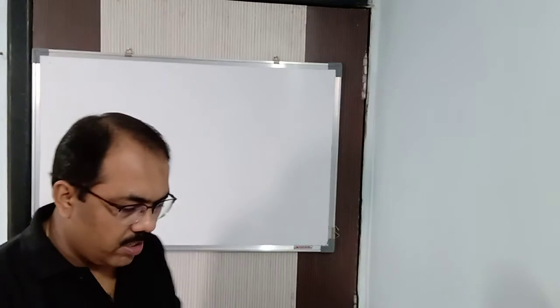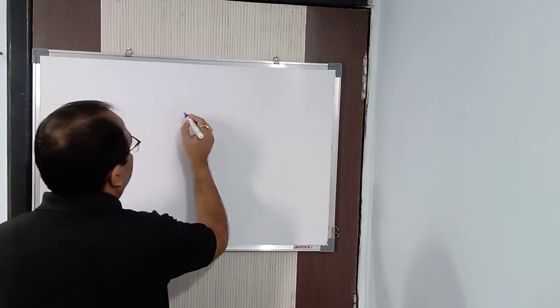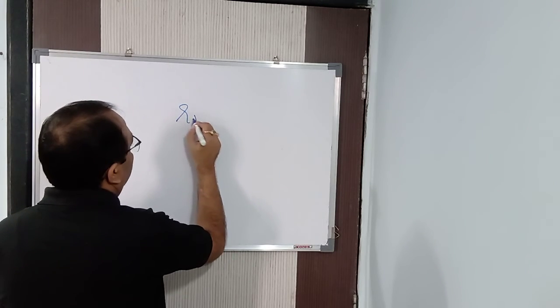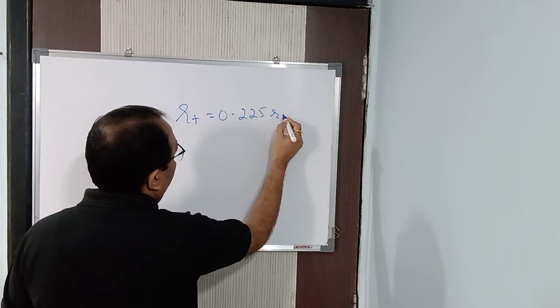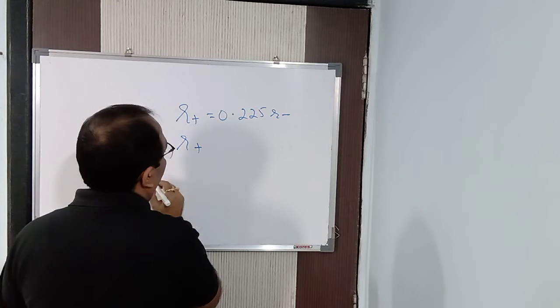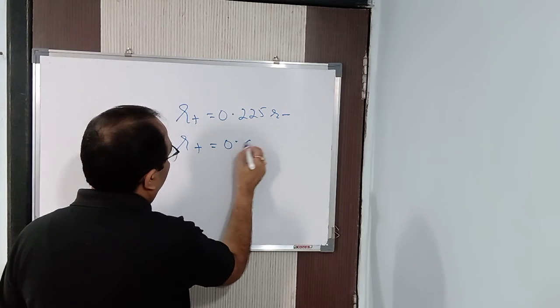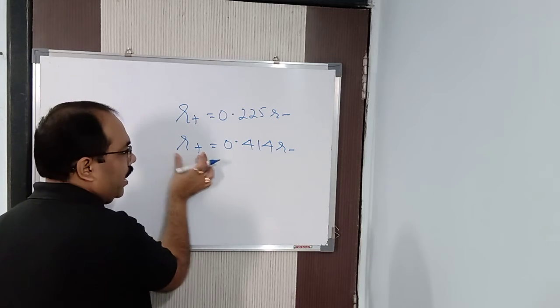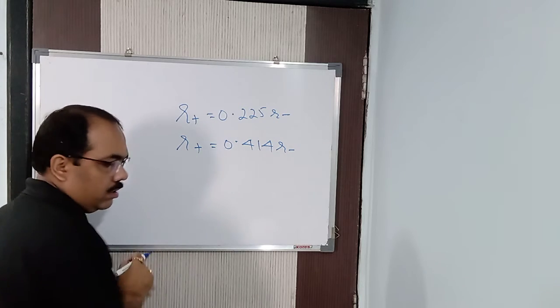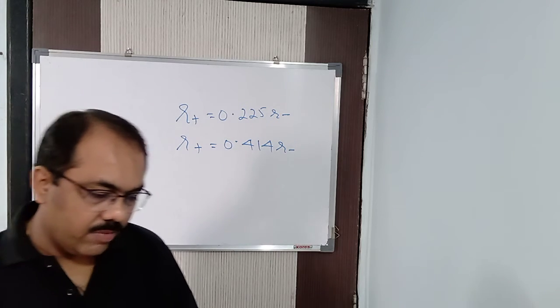When the cations occupy the tetrahedral voids, or the octahedral voids, then R plus is equal to 0.225 R minus for tetrahedral voids, or 0.414 R minus for octahedral voids. Here R plus is the radius of the cation and R minus stands for the radius of the anion.